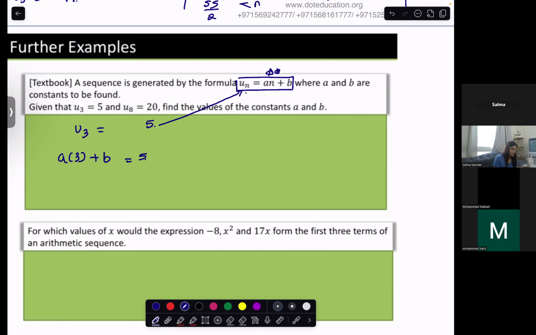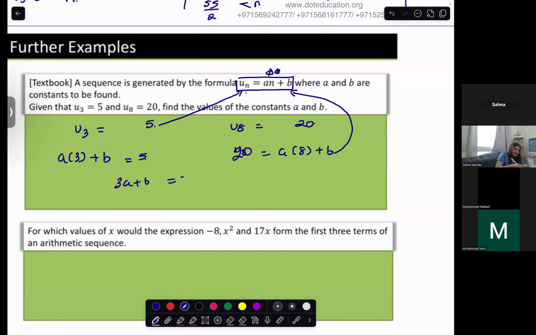And my U8 is 20, so this is A times 8 plus B, equals 20. Then you just solve simultaneously to get your values.